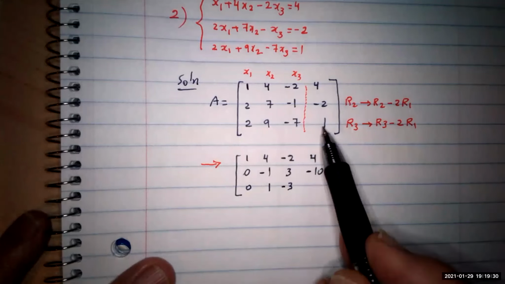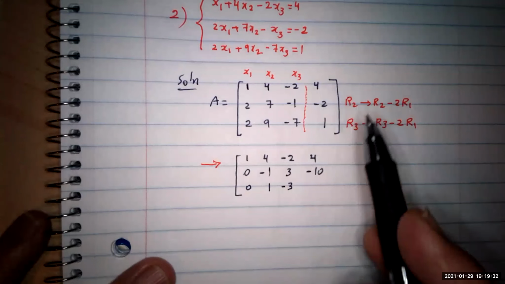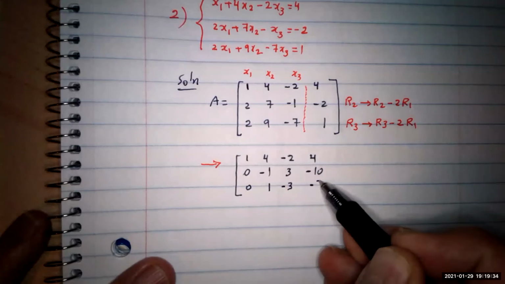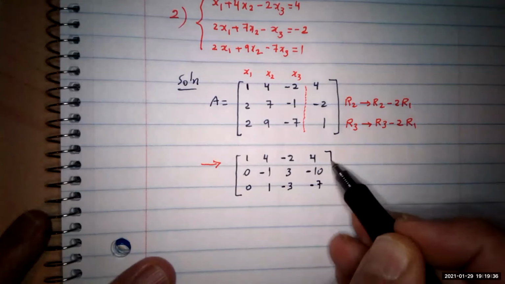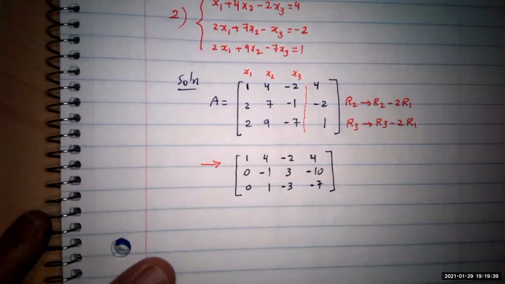Okay, so this is 1 minus 8, that gives us a negative 7 here. Okay, so this is it. So we are done with the first column.